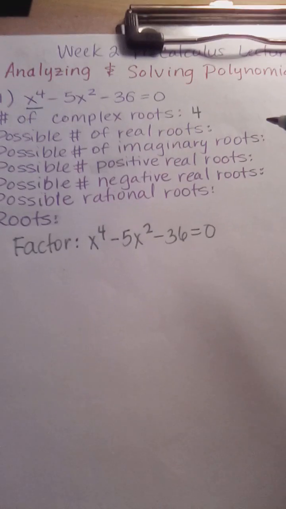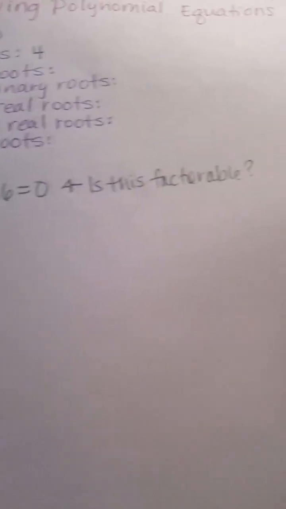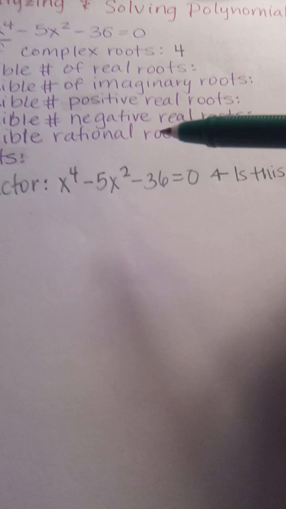Factor x to the fourth minus 5x squared minus 36 equals 0. I should rephrase this question. Is this equation factorable?